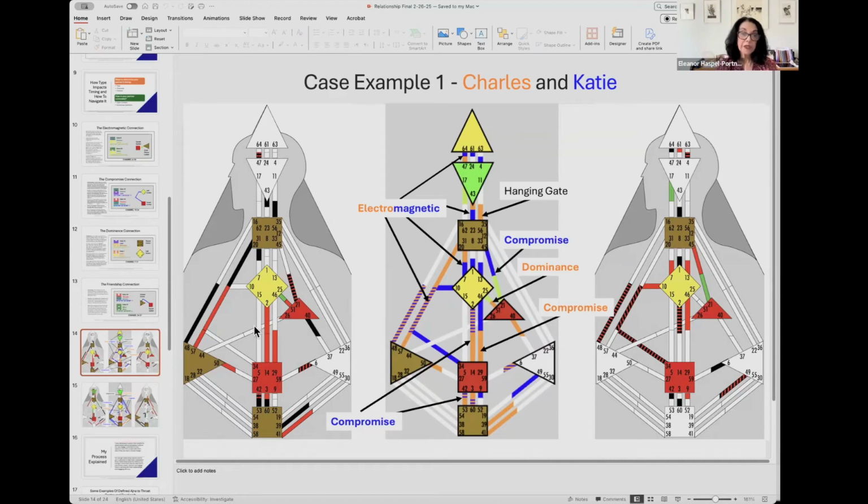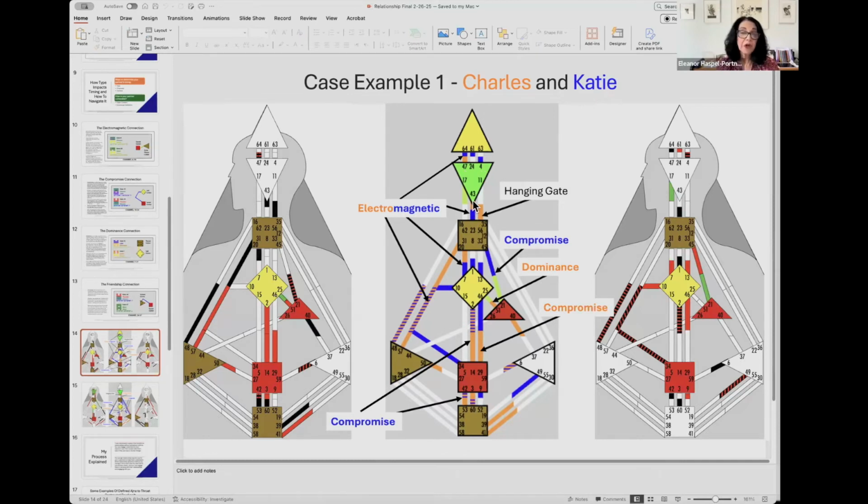They are both split definitions, but when we put them together in composite, whoa, we have a very strong manifesting generator chart with quite a few electromagnetic gates, 64 to 47. So they may be thinking about similar things and each coming up with the other information that that person needs.